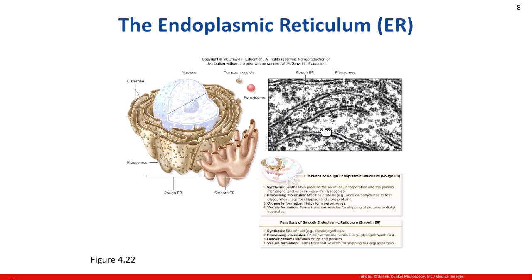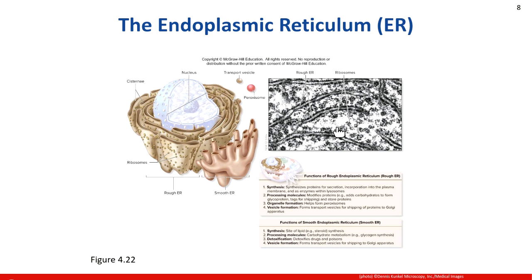But it also is going to make proteins that act as enzymes, those catalysts, for another membrane-bound structure called the lysosome. I don't know if I have a picture of it. We'll talk about what a lysosome does in a few slides here. So that's what it makes.